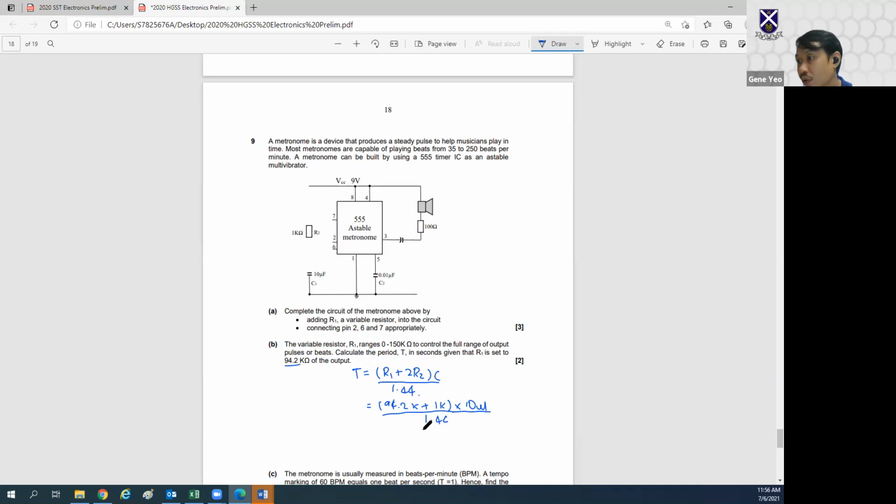Divide by 1.44. Okay, you press your calculator, you should end up with 0.668 seconds. So the key to solving this is, first of all, you need to know which formula to apply to find the period of a 555 timer arranged in an astable configuration.